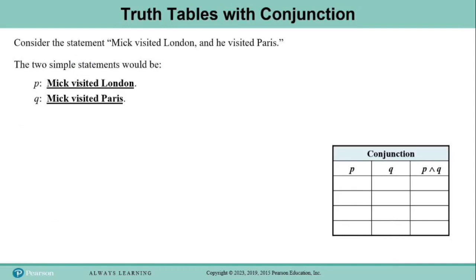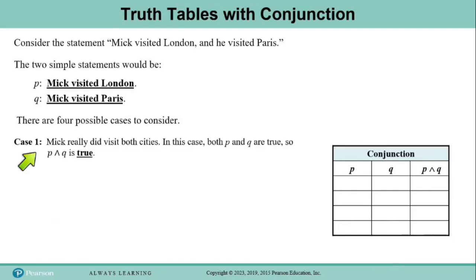Consider the statement, Mick visited London and he visited Paris. We could consider this as 2 simple statements. We'll call statement P the statement Mick visited London, and then Q will be Mick visited Paris. And there are 4 different cases that we have to consider here. Case 1 would be that it's true that Mick really did visit both cities.